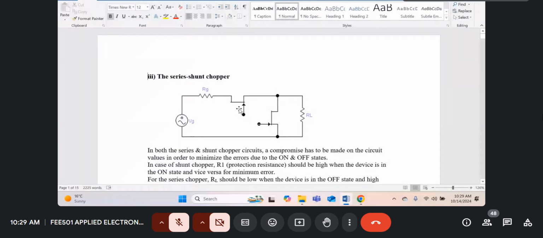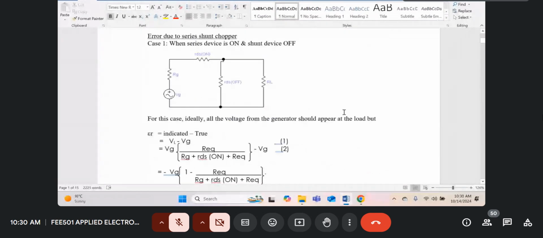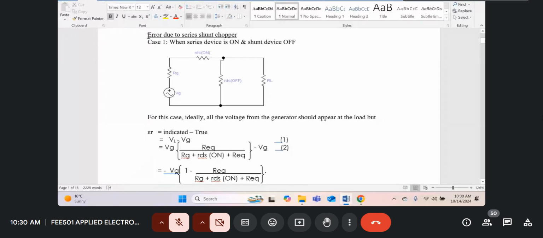So we'll just go quickly through this configuration, which is referred to as the series shunt chopper. As I said, it's called series shunt because we got two transistors, one in series and one in shunt. Okay, so we'll just go to the error. To analyze the error due to the series shunt, consider when the series device is on and the shunt device is off.